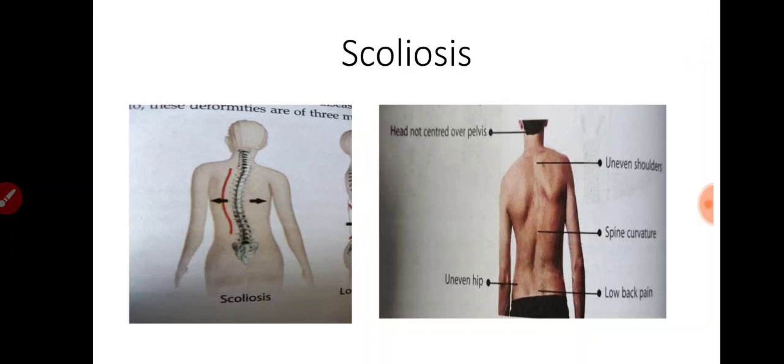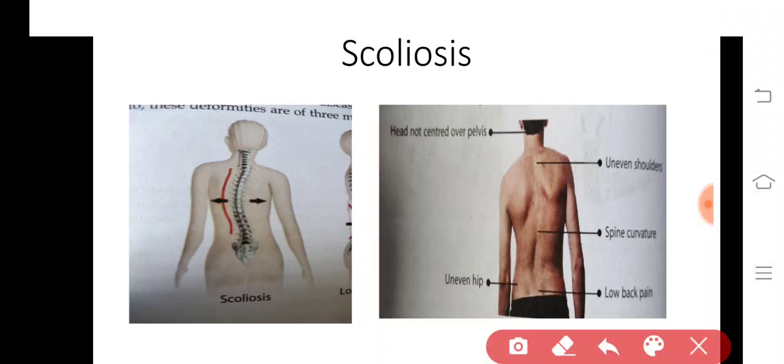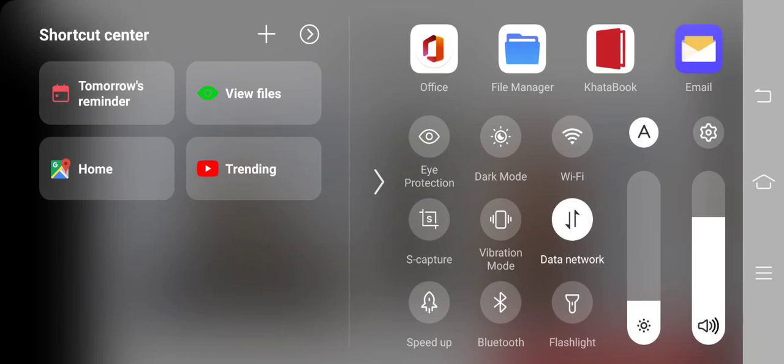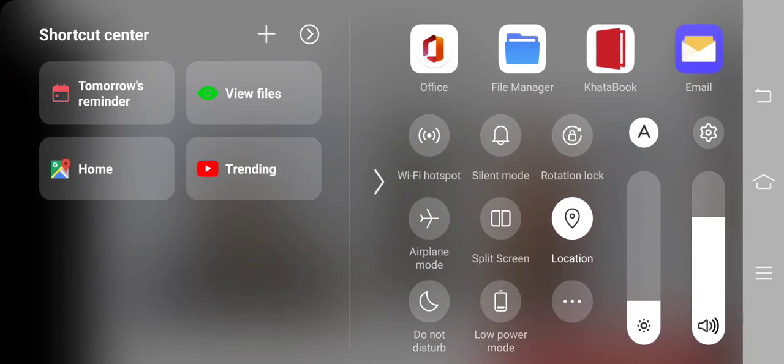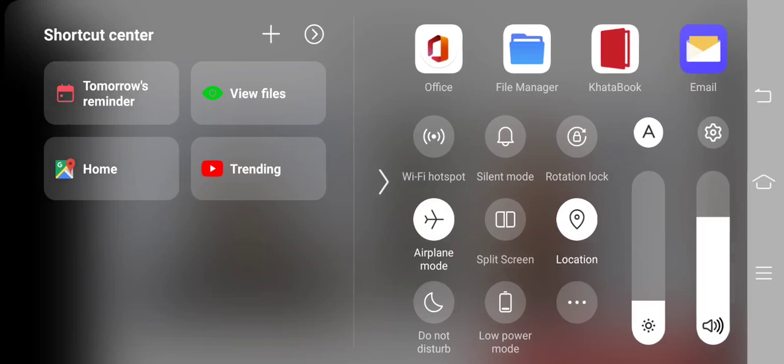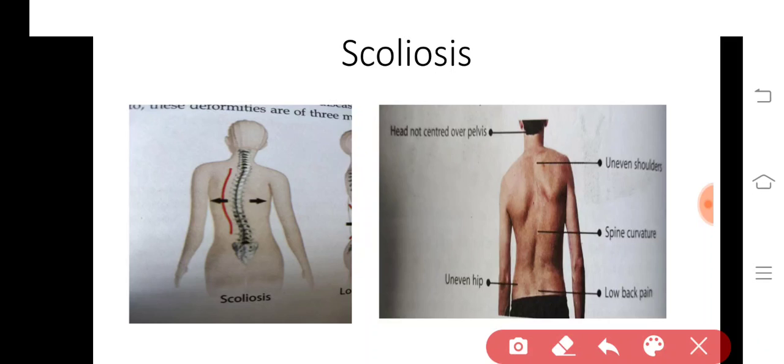So the first of all, I would like to discuss scoliosis.